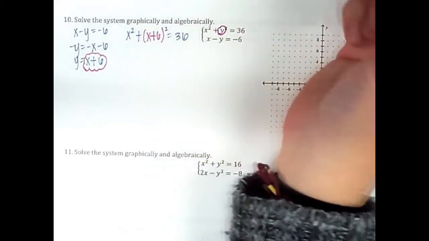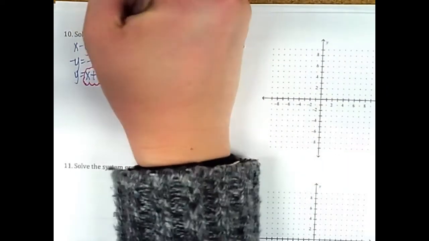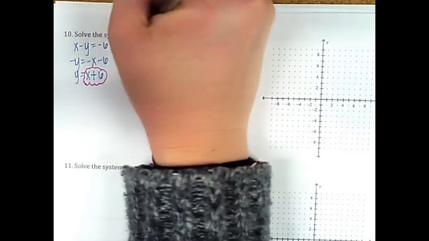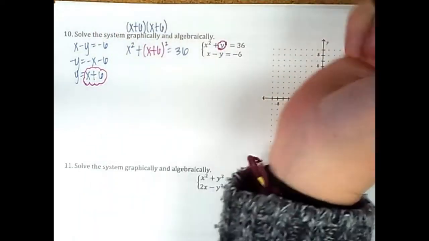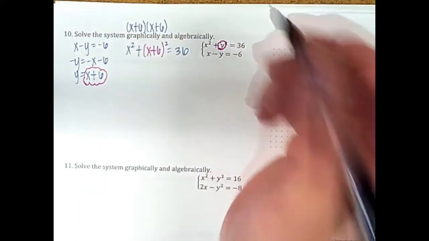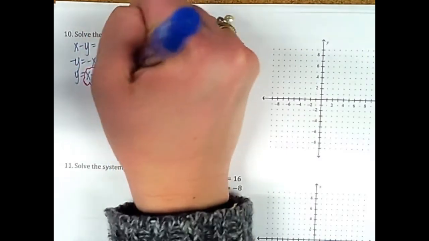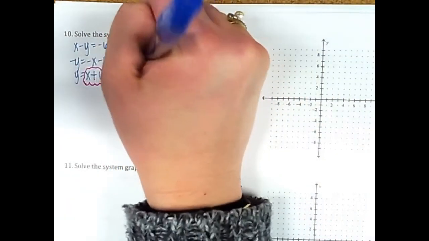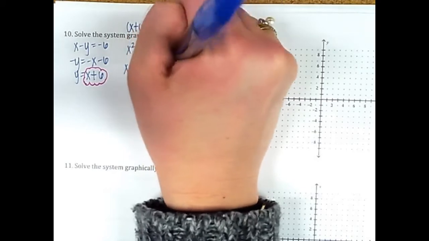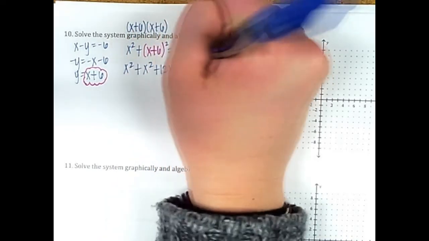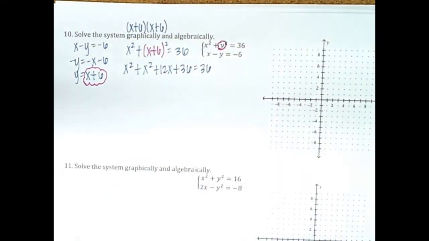Now remember, x plus 6 squared, that's like saying x plus 6 times x plus 6. So you have to multiply that out. So when you multiply it out, you get x squared plus 12x plus 36 equals 36.